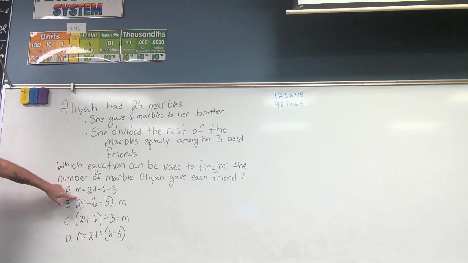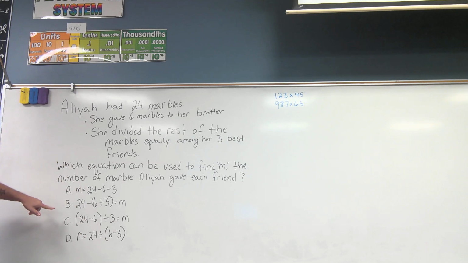So I'm going to pretend, because I don't know the answer, that when I solved for M, I got 27. Well, then everywhere it says M, I'd put 27 and see if that makes that equation true.